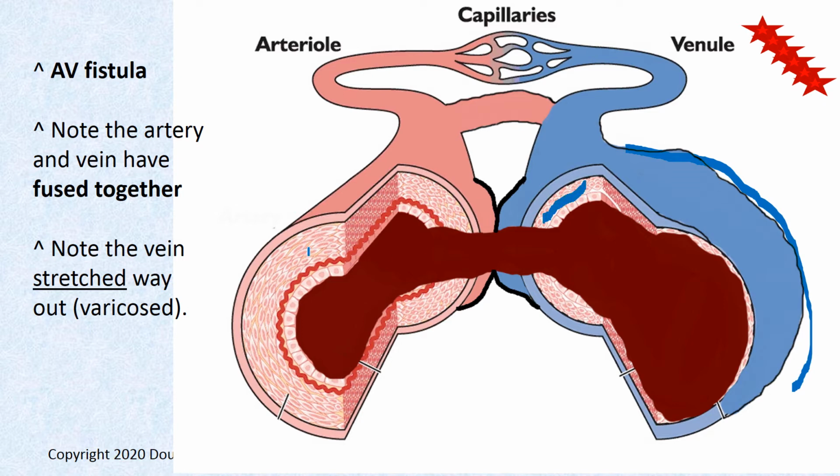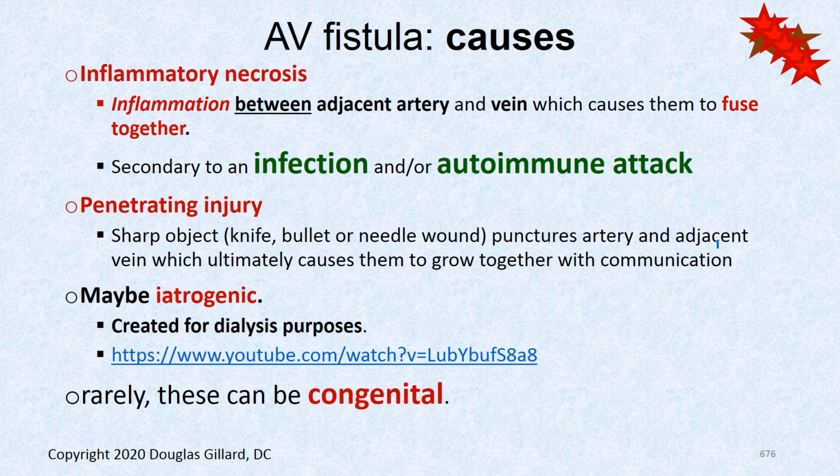And that's muscular. Venules are muscular. Yeah, it's not made to take that pressure. So the pressure causes a varicose vein. It stretches this out, just like in any varicose vein formation. Okay, so that's an AV fistula.